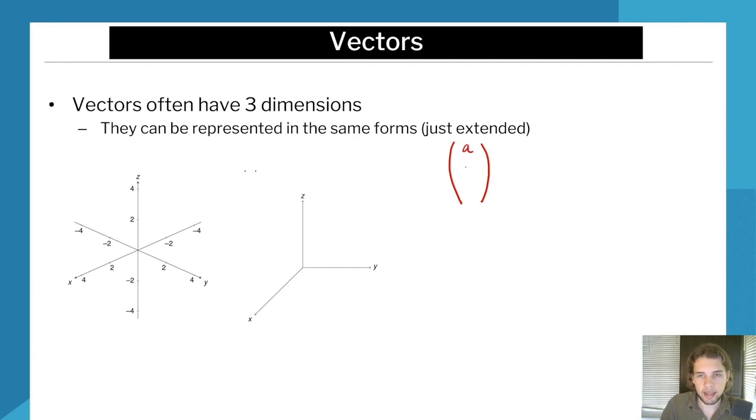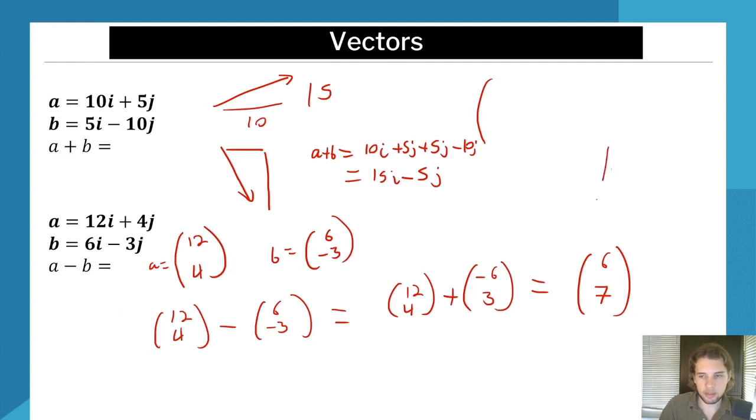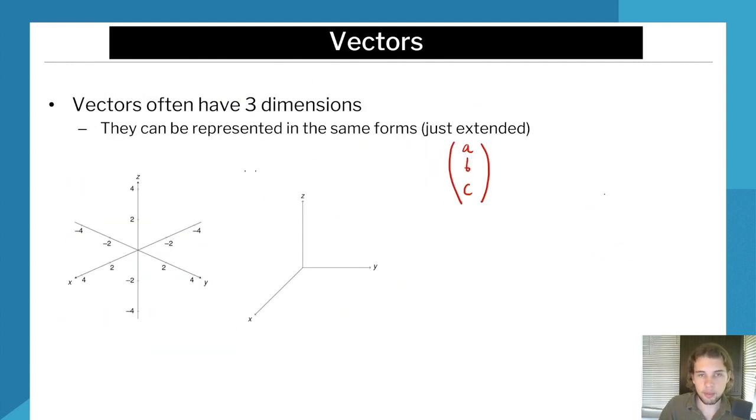So we have A, B, C now, instead of just two values. Addition, subtraction and scalar multiplication work pretty similarly. You just do it on all three components as opposed to two. Then in terms of component form, we use i plus j, and now we just add another one. We use k.